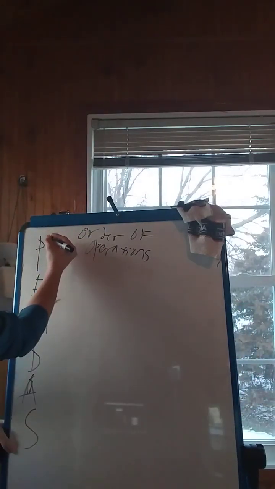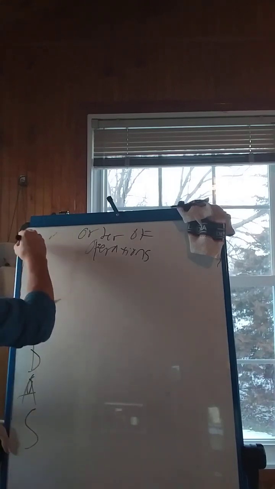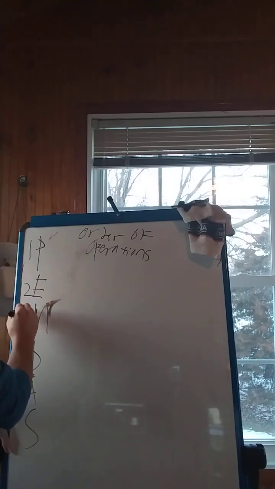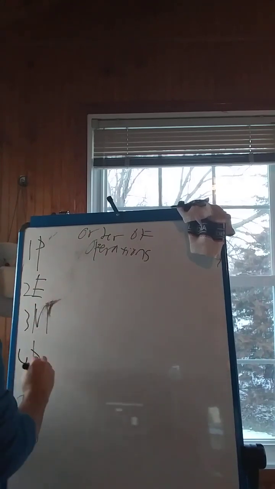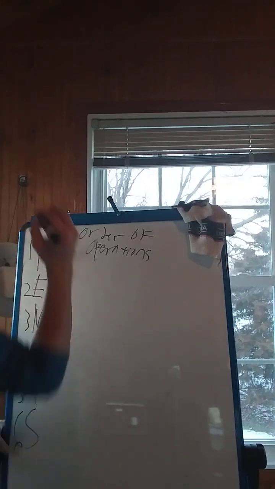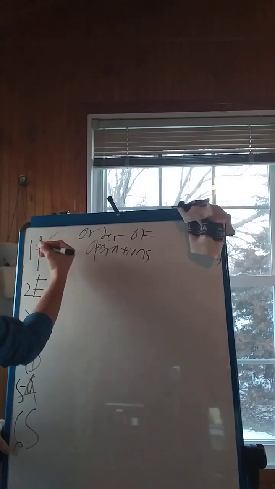So, let's just look at all the letters, and let's just look at all the steps. So, I'm going to number them. This is step 1, the E is step 2, M is step 3, 4 is the D, 5, 6. So those 6 steps. Once you're completely done with one letter, then you move on to the next one.